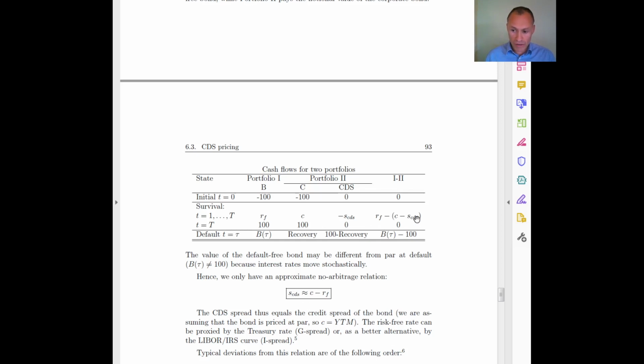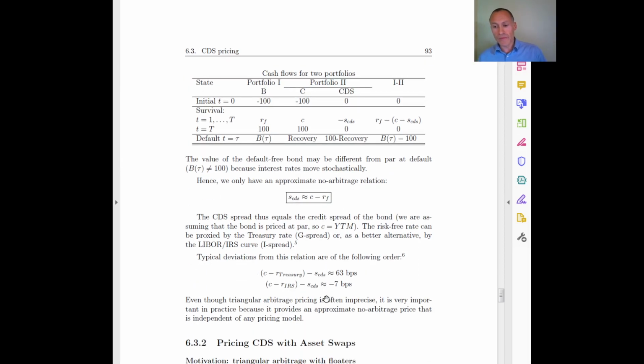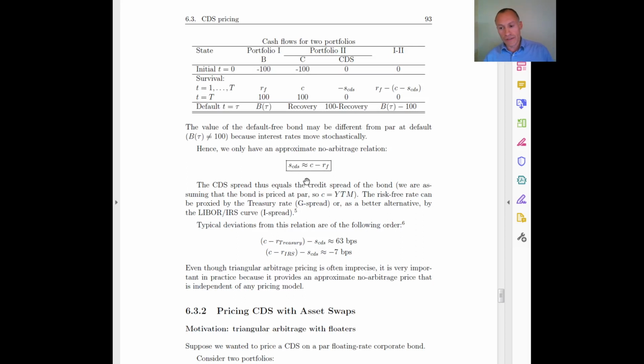So I can only say that the spread on the CDS should be approximately equal to the difference between the coupon on the corporate bond and the risk-free rate. Okay. So this difference here depends on how I measure the risk-free rate. We discussed this when we talked about spreads.